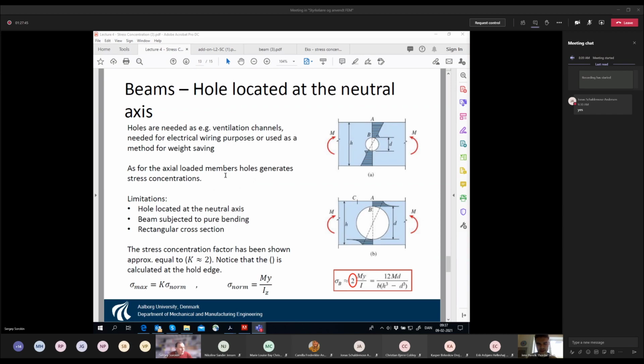Well, I think the hole edge is just this point B. So it's not the hold, but the hole. I think it's the spelling. Yes, of course. I'm sorry, but that's how it is. Yes, it's hole edge.